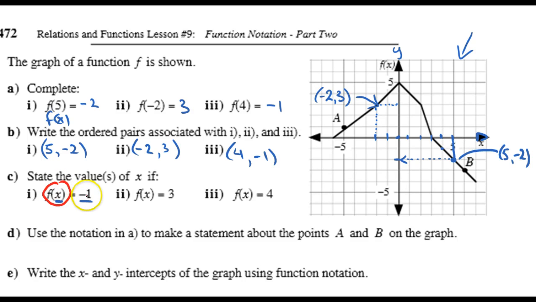So if f at x equals -1, well, now I'm going on to the y-axis and looking at the output, and then seeing where the x coordinate is on the graph. Well, here's the graph, right there. So there's the input. So x equals 4. That's a 4 when f at x equals -1. So that's basically the same as up here, except it's asking it the opposite way.